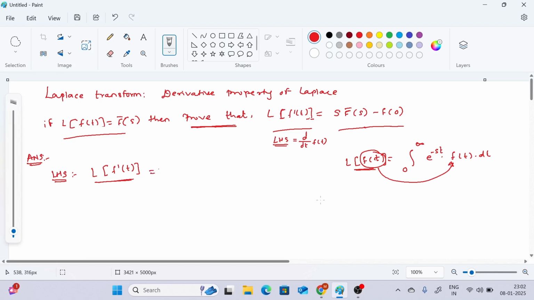Now what I can get here: 0 to infinity e raised to minus st. So at the place of f of t I'm going to write f dash of t into dt, right?